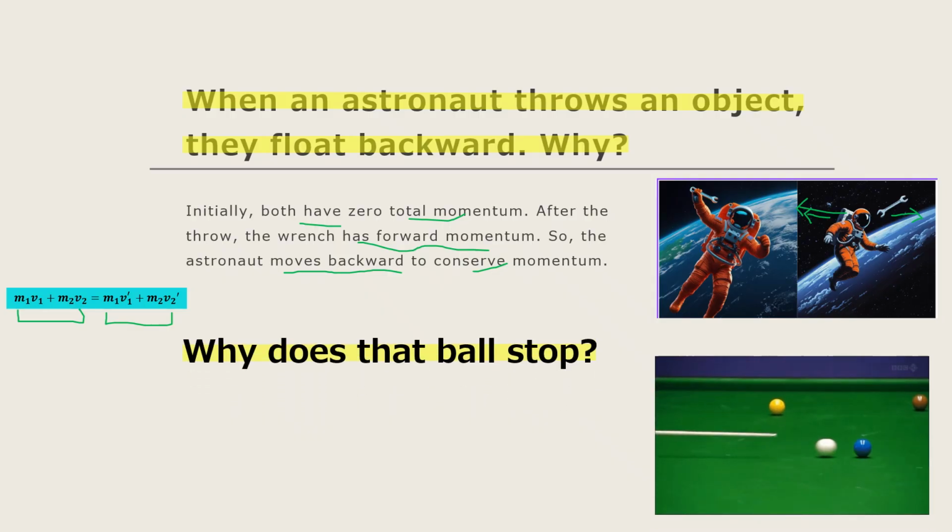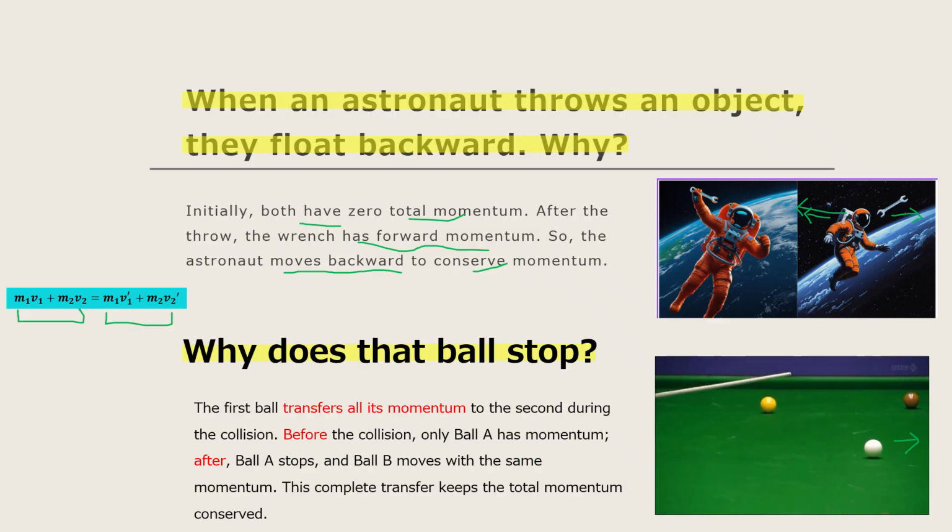And another example was about the snooker ball. Why does the snooker ball stop as it hits the second ball, and the second ball moves with the same velocity? This is because the first ball transfers all its momentum to the second during the collision. Before the collision, ball A has a momentum, and after, ball A stops and ball B moves with the same momentum.